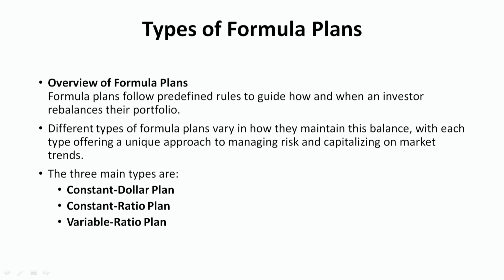What are the different types of plans we have? So, formula plans, the definition told, it's run by predefined rules and regulations. So, you have a guide which says that this is the proportion in which the money has to be divided, and based on that the investment is actually done.